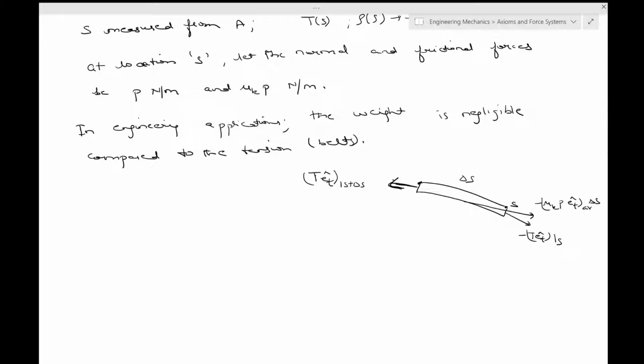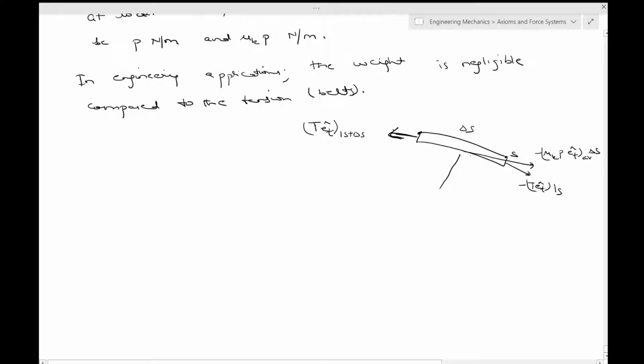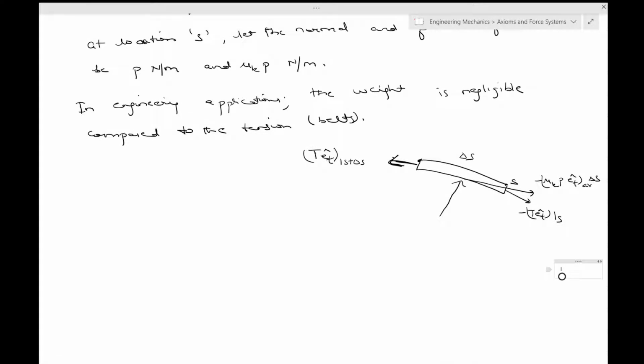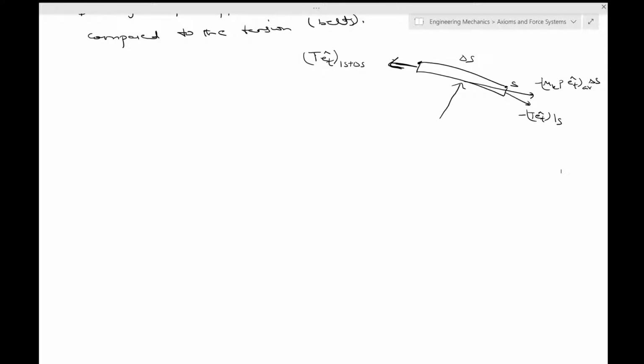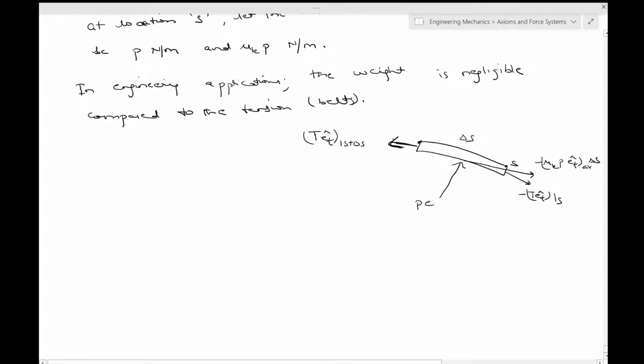The normal force we haven't actually shown, so that will again be shown as an average. This value is P e_N, average into delta S.